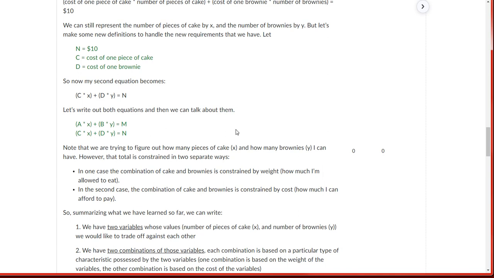Now, why did I say good problem? Because it's possible to use this form of the equations and come up with not so good problems, of the type, oh, I bought 1 coffee today and 2 muffins, and that cost me M dollars. And then the next day I bought 2 coffees and 1 muffin, and it cost me N dollars. And it's like, what? This is not even worth writing out the problem, right?